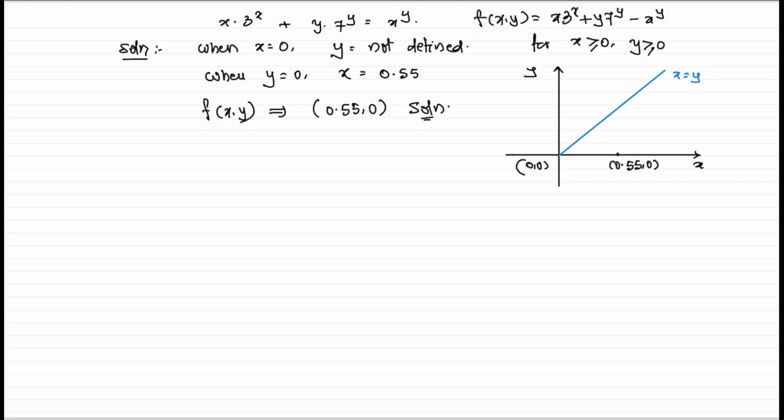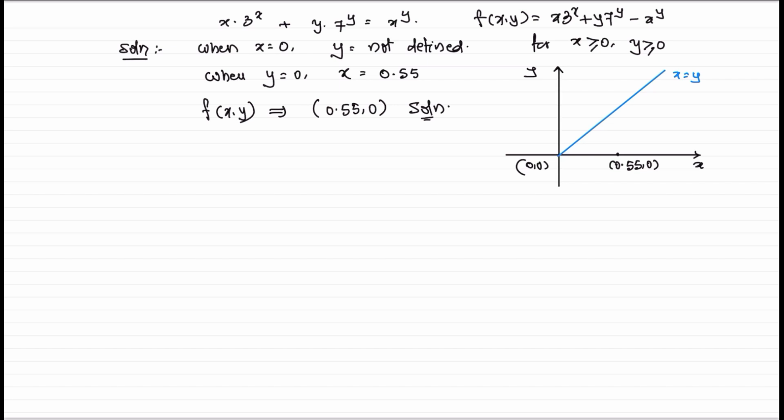And let us assume that whatever the curve is there in the first quadrant, because we have assumed x is greater than or equal to 0 and y is greater than or equal to 0, in the first quadrant, it cuts the x is equal to y line.